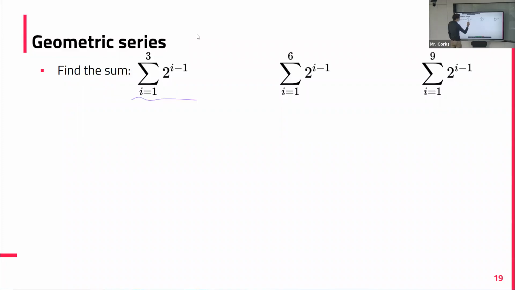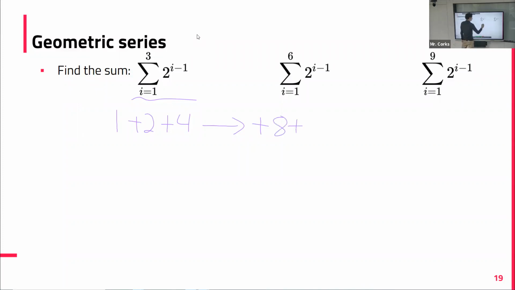So for this one here on the left, what are the first three terms? What's the first term? 1. Next term? And 4. Okay. And if we continue that, what would the 4th term be here? 8.